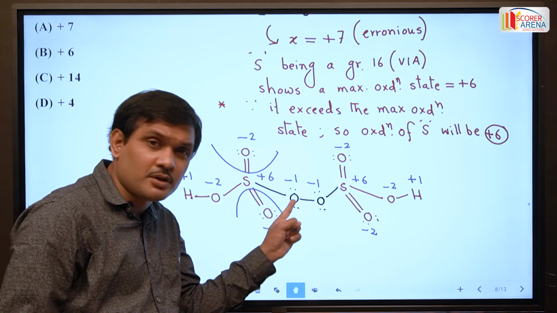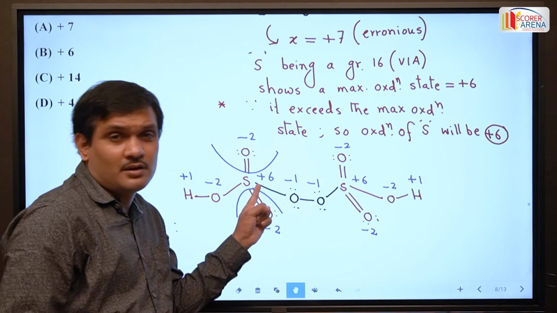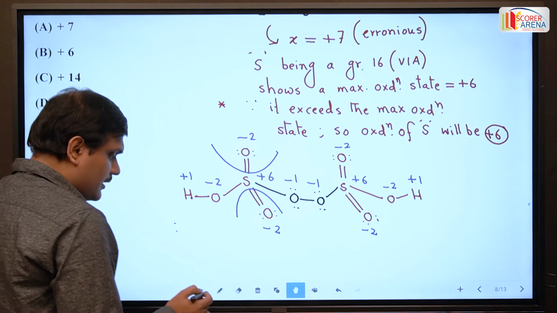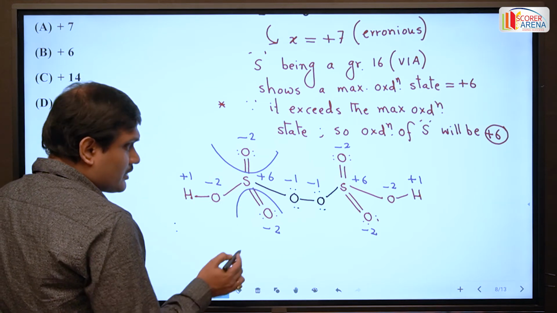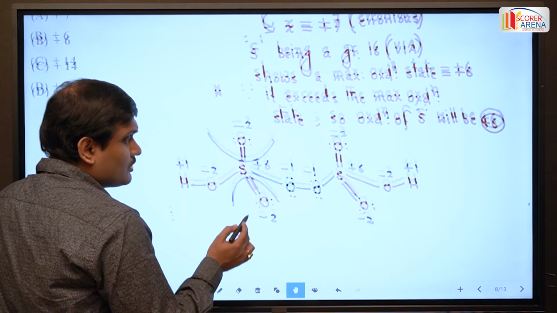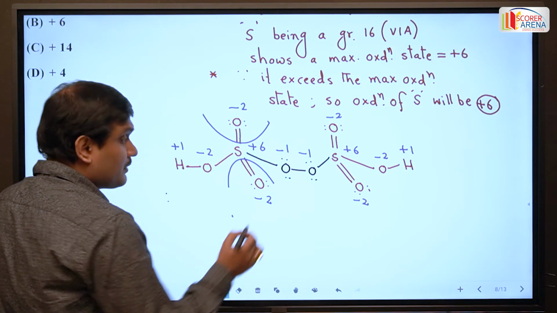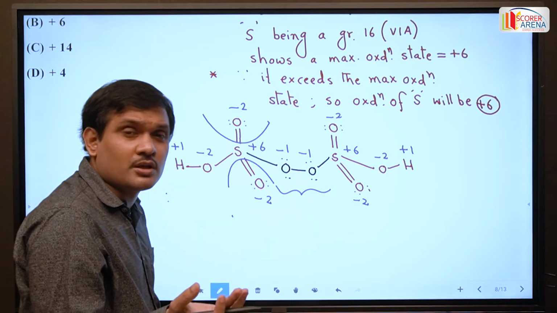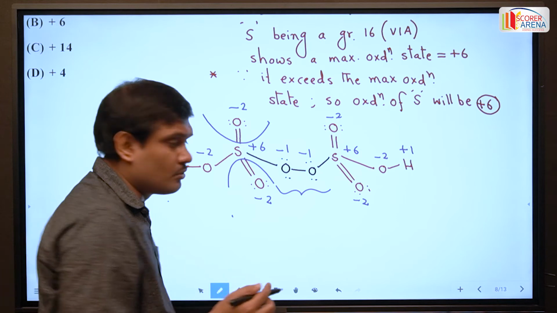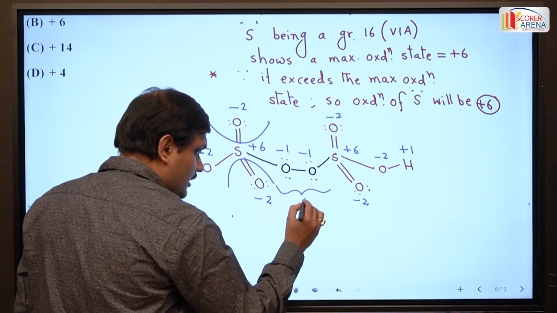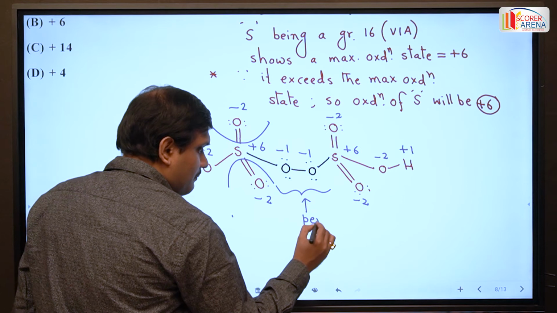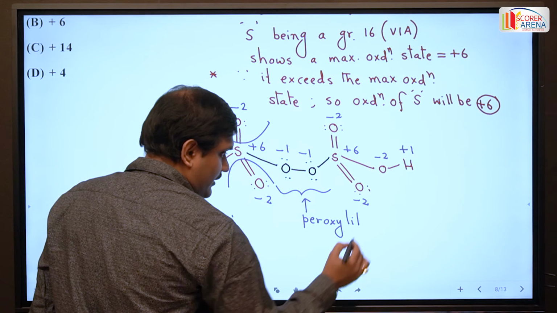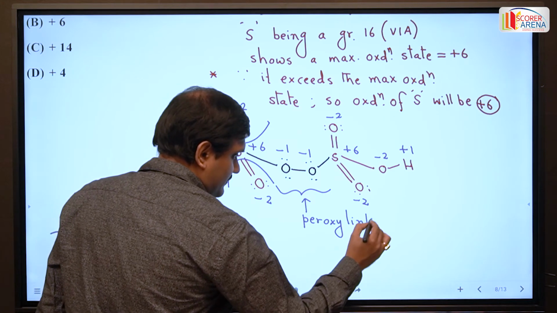This oxygen will be removed as -1, sulfur getting +1, that means a total of +6. Now this result we got is due to this peroxy linkage. But in the previous case, when we applied the general method, we took all the oxygen as -2, which is not true. So here we are getting a peroxy linkage.